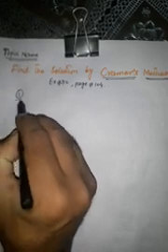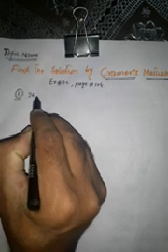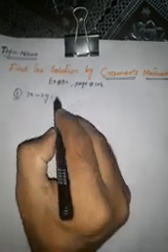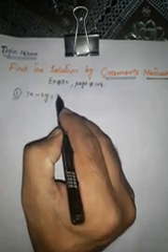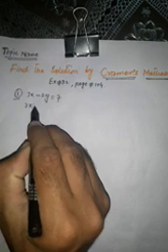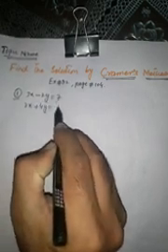Let me take question number 1. Its statement is 3x minus 2y is equal to 7, then 2x plus 4y is equal to 10.